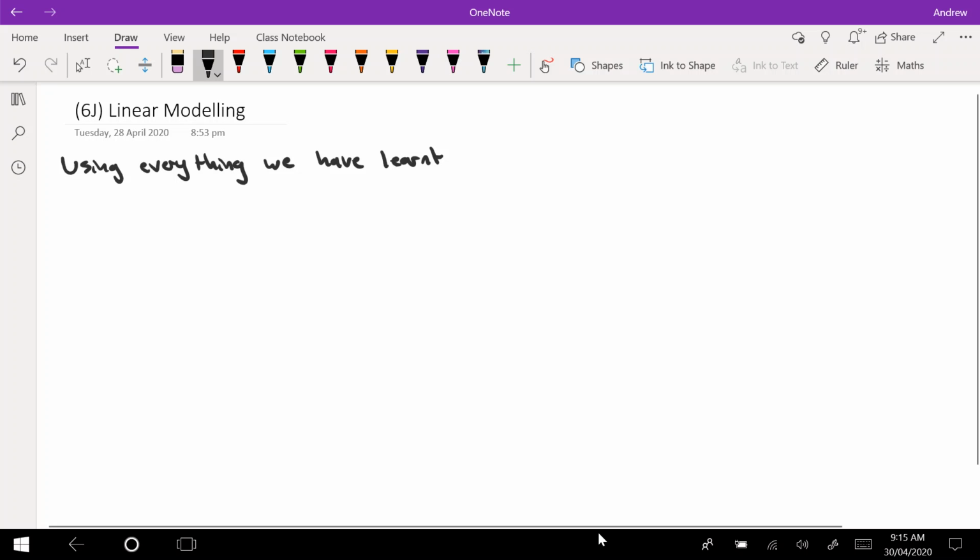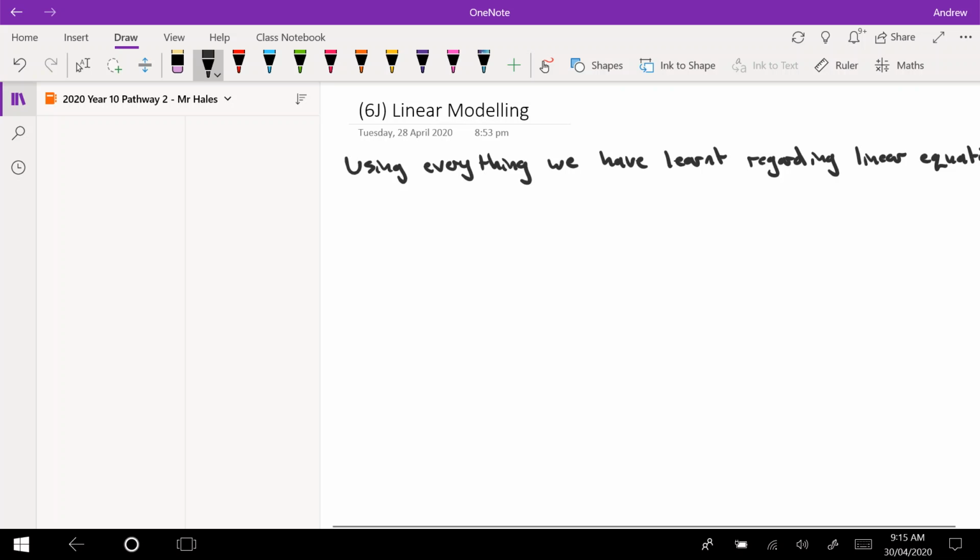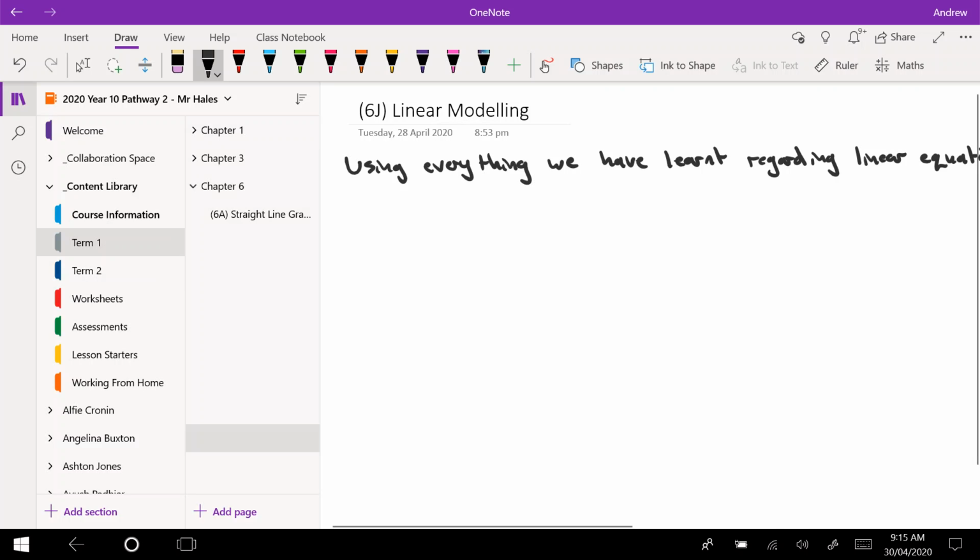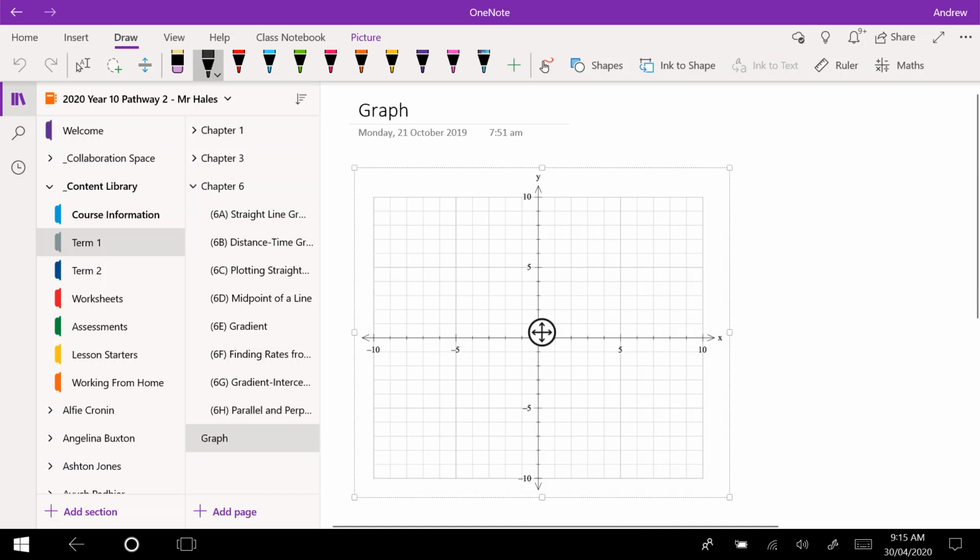Right. Using everything we have learnt regarding linear equations, so everything we've learnt regarding linear equations, that's all of chapter 6. So that's, if I could go back, all this stuff that we've done here previously.